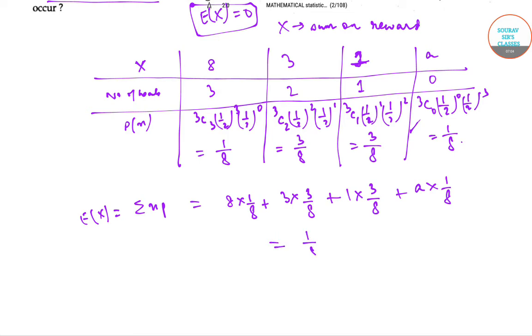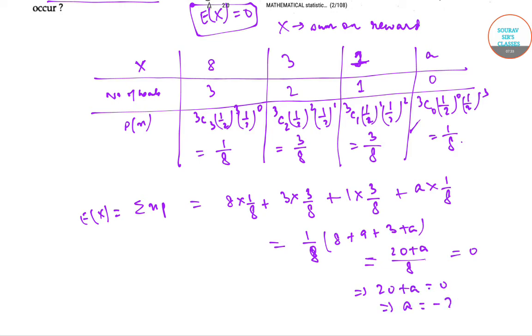So this comes out to be 1 by 8 into 8 plus 9 plus 3 plus a, which is 20 plus a by 8. Now for this to be a fair game, this needs to be equal to 0, or 20 plus a is equal to 0.